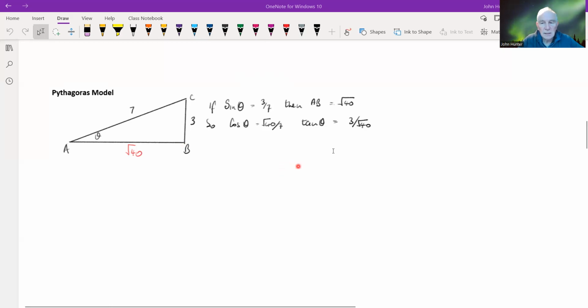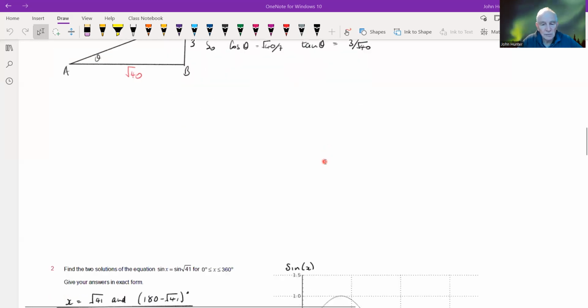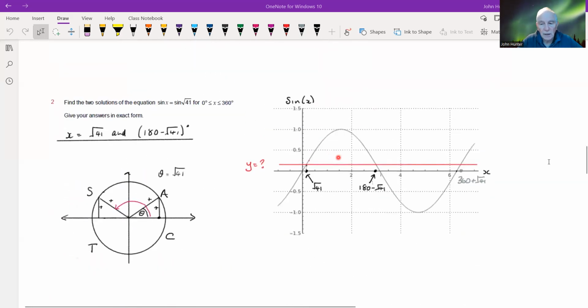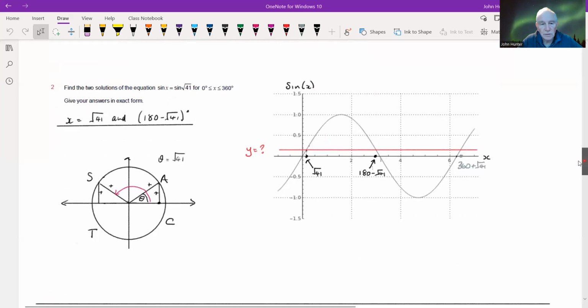Right, okay, so now I'm just going to do one example. There'll be further worked examples on these for you to root out, on various videos, but let's have a look at this. Find the two solutions of the equation sine x equals sine of root 41 for 0 to 360. So this is an angle here, in degrees.